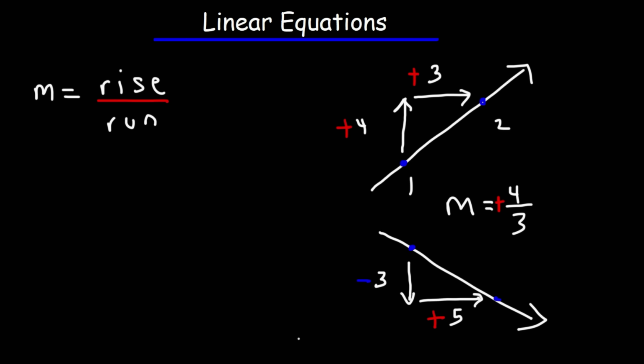Now for this one, the slope is going to be rise over run. The rise is negative 3. The run is 5, so it's going to be negative 3 over 5. So because the line is going down, the slope is negative. So that's a quick and simple way to calculate the slope using the rise over run method.